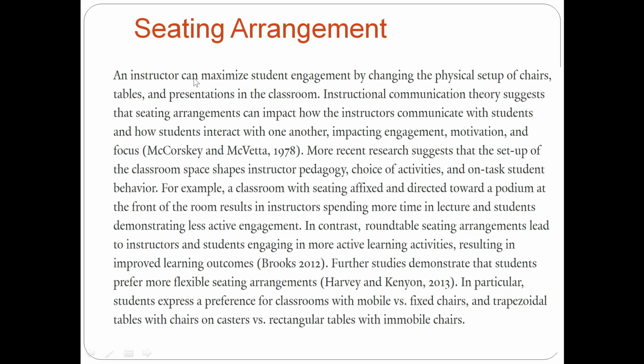An instructor can maximize students' engagement by changing the physical setup of chairs, tables, and presentation in the classroom. Instructional communication theory suggests that seating arrangement can impact how the instructors communicate with students and how students interact with one another, impacting engagement, motivation, and focus.